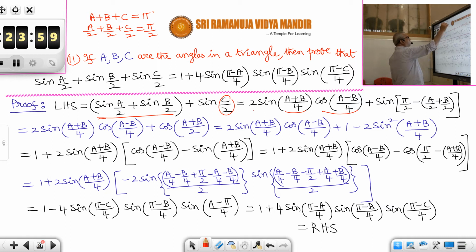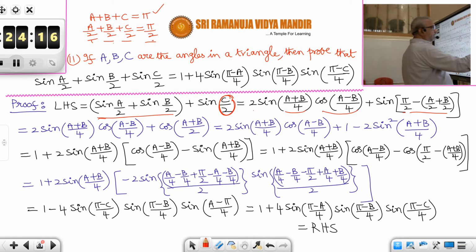Angles in a triangle, A plus B plus C is pi, so A/2 plus B/2 plus C/2 is pi/2. So how can you write C/2? Pi/2 minus (A/2 plus B/2). In place of C/2 I am writing pi/2 minus (A/2 plus B/2). So what is sin(90 minus theta)? Cos theta.